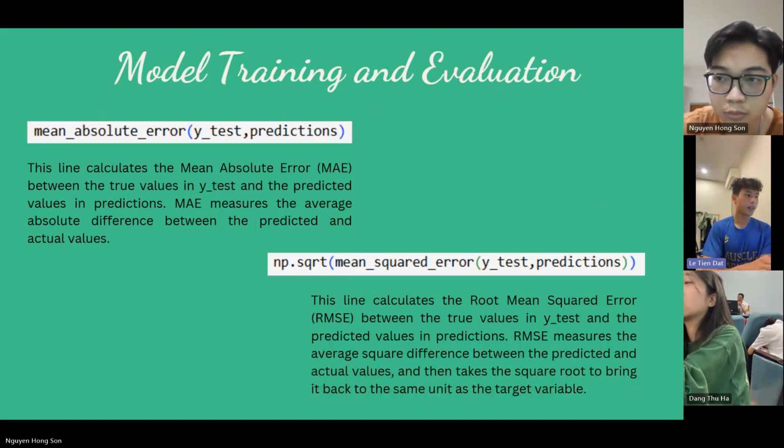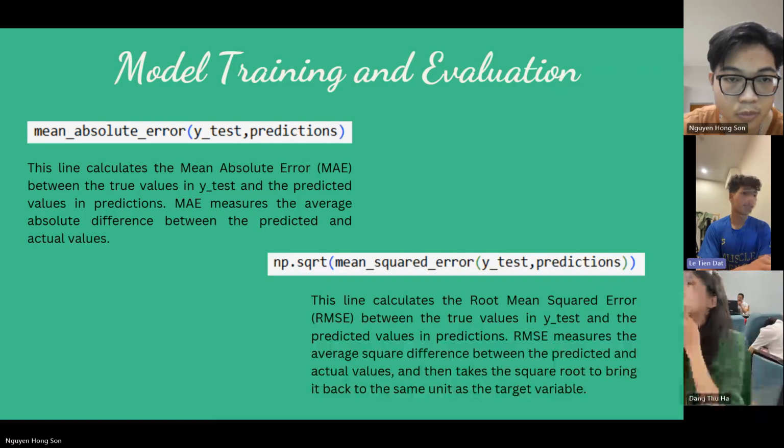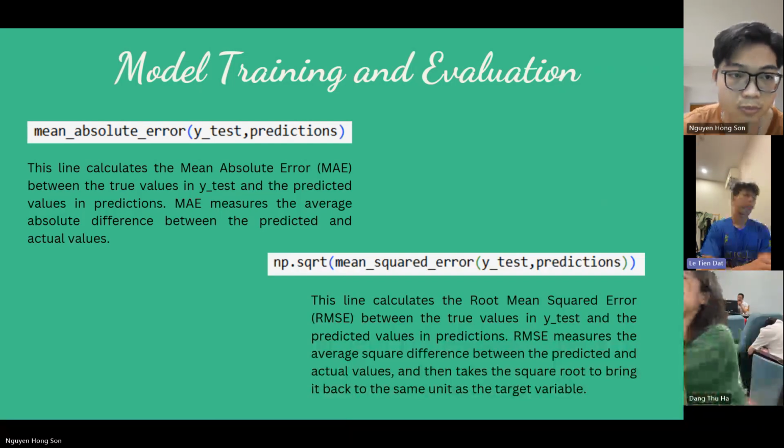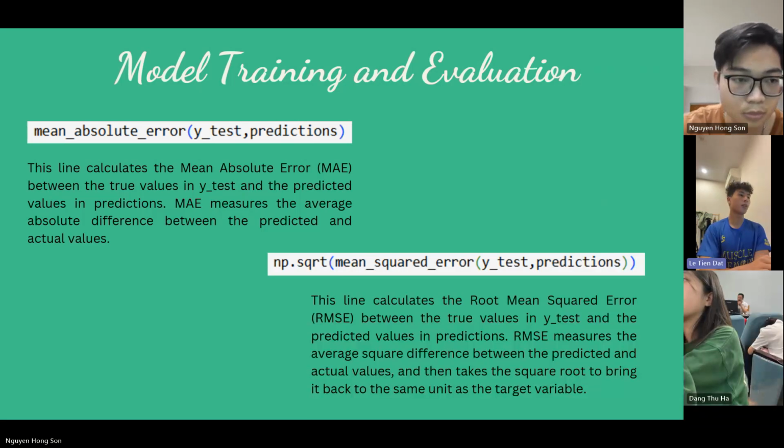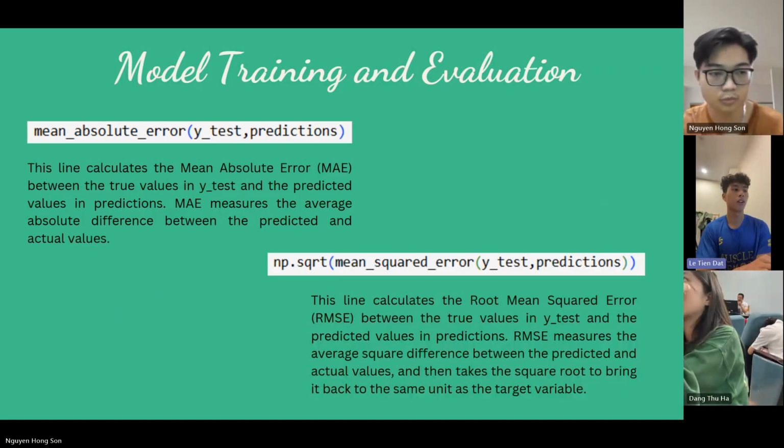This slide calculates the mean absolute error, MAE, between the true values in y-test and the predicted values in predictions. MAE measures the average absolute difference between the predicted and actual values.